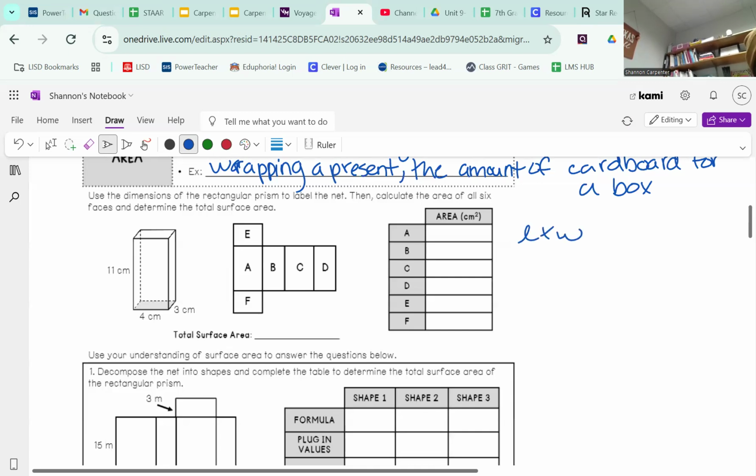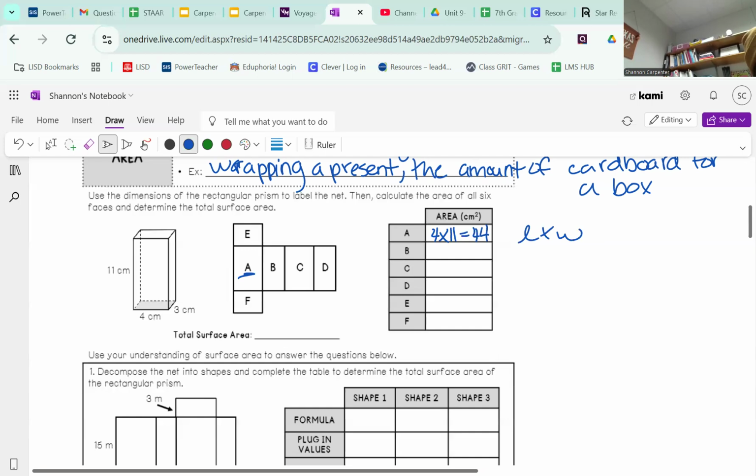Okay, if I talk about A, remember, this is the long one. So this is going to be the face, 4 times 11, which equals 44.